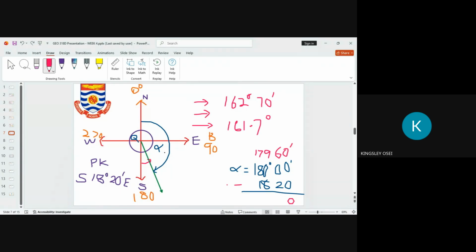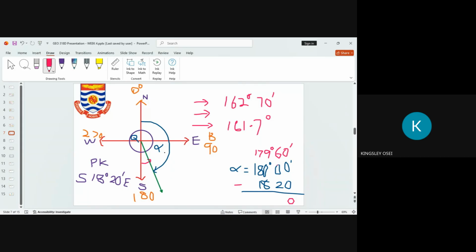Hello? Hi, sir. Are we seeing the picture? Yes, Doc. Good. So I borrowed 1 degree and I converted it to minutes. But the conversion is that 60 minutes is a degree. So when you take 1 degree and you are going to minutes, it becomes 60.